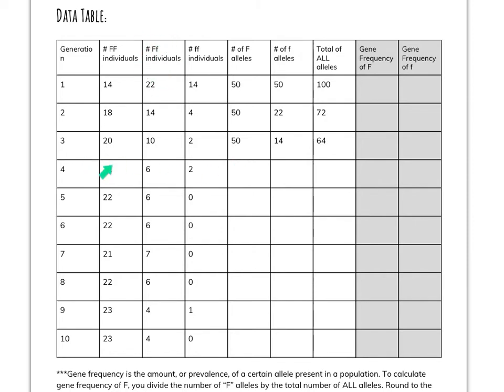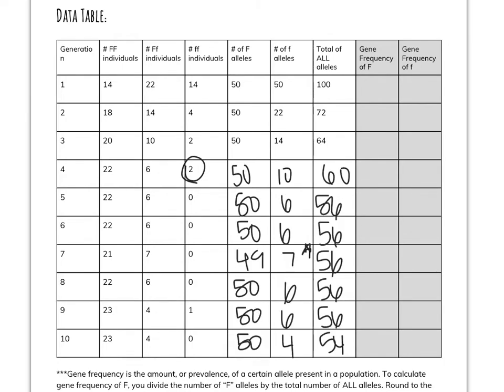So in generation 4, it'd be 22 times 2, so 44 plus 6. 44 plus 6 is 50.